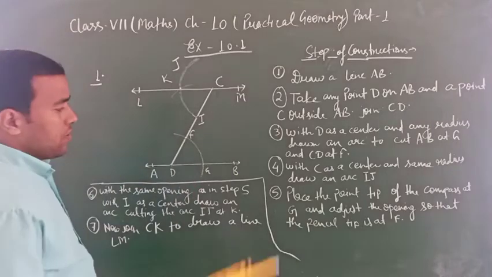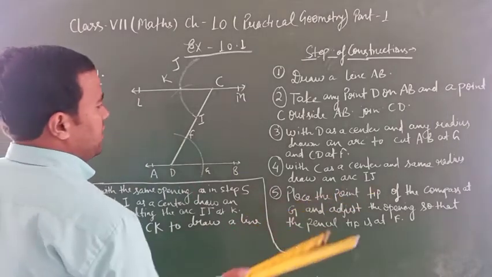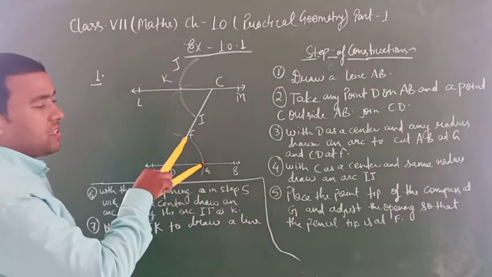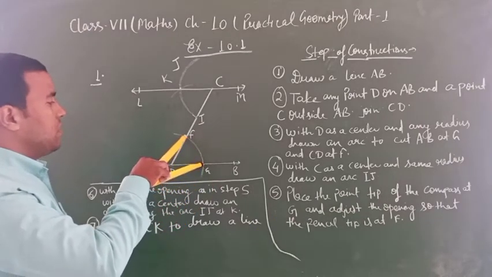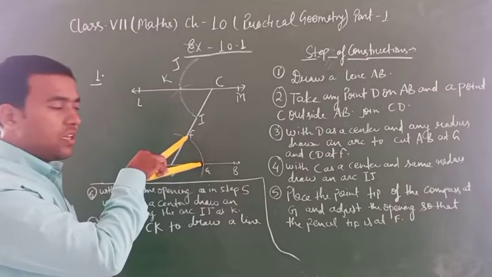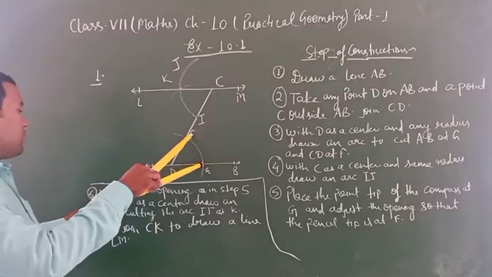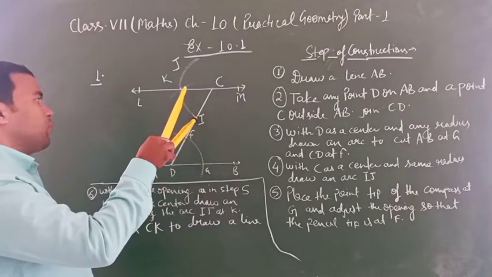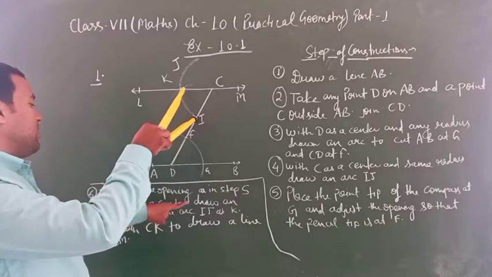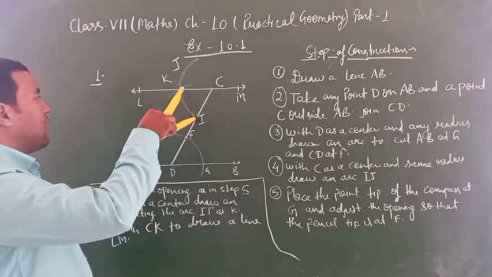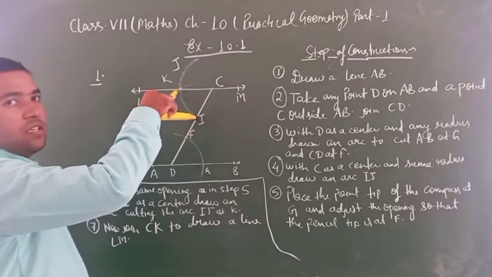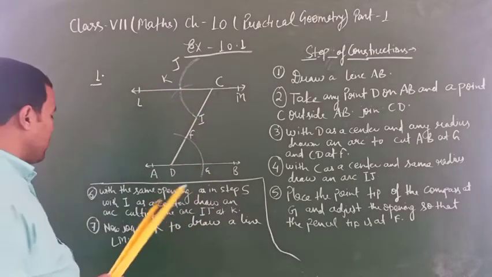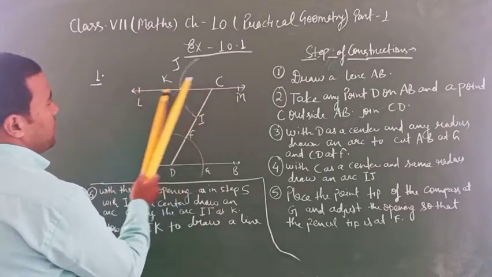Fifth, place the point tip of the compass at G and adjust the opening so that the pencil tip is at F. Same, 6, with the same opening as in step 5, with I as a center, draw an arc cutting the arc IJ. Means here we have cut this. Then now join CK to draw a line LM. So we will draw a line.